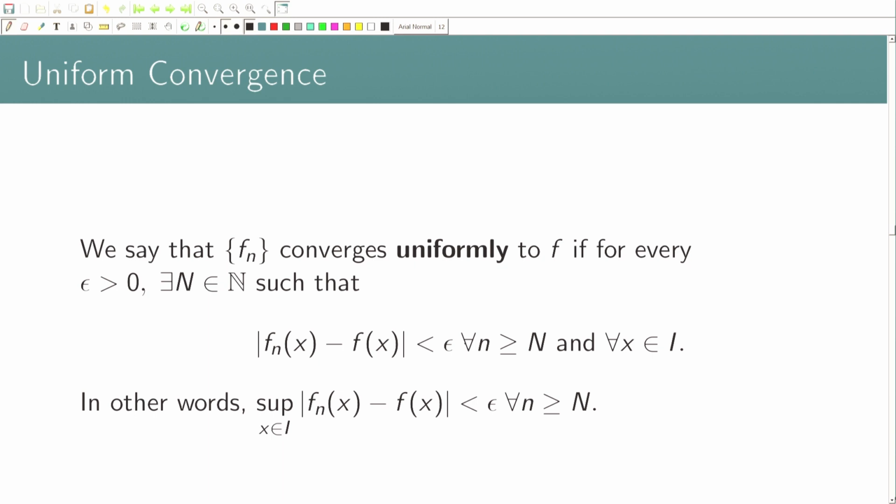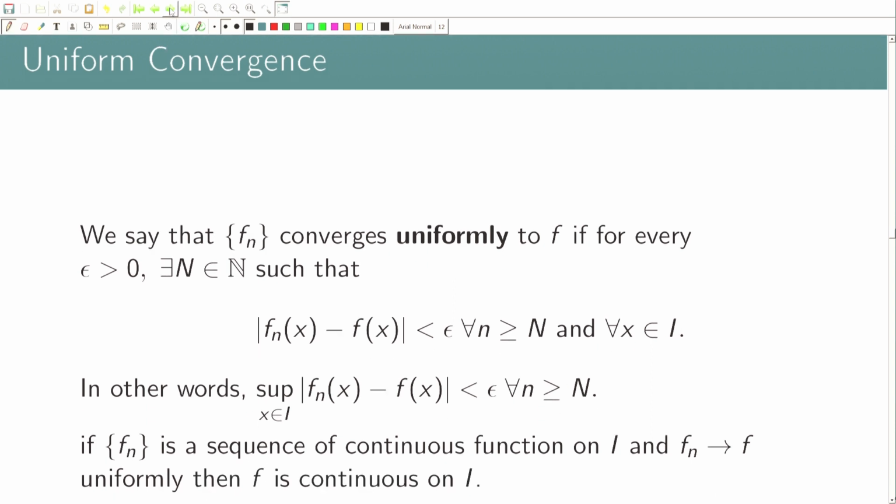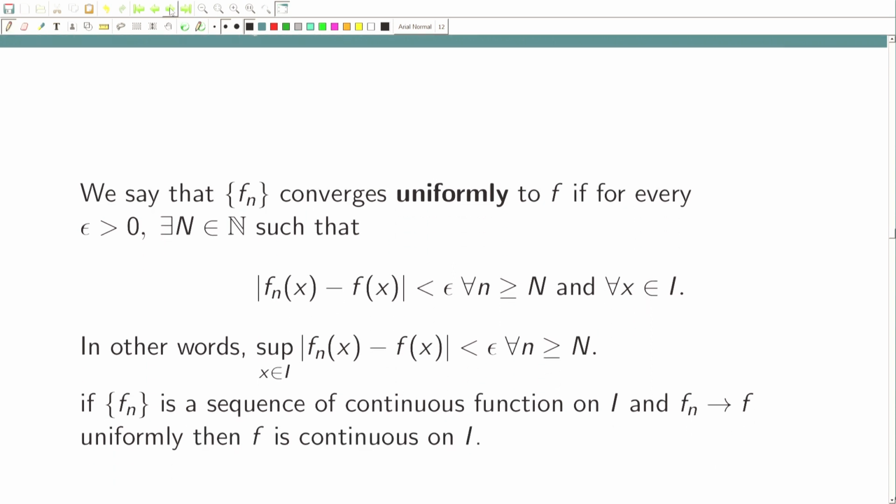And this preserves continuity: if f n is a sequence of continuous functions on I and f n converges to f uniformly, then f is going to be continuous on I. Okay, so this is a very brief recall of infinite series and convergence of sequence of functions.